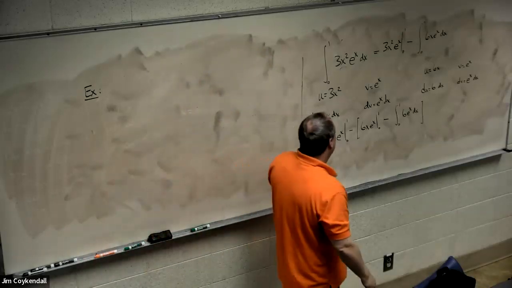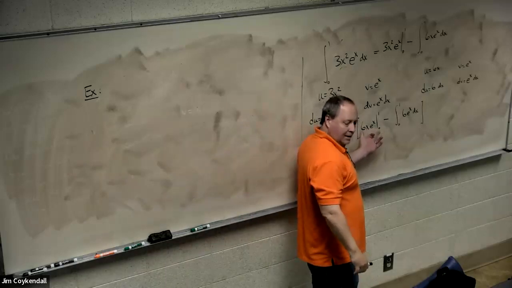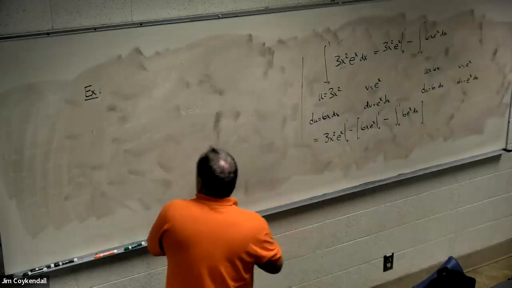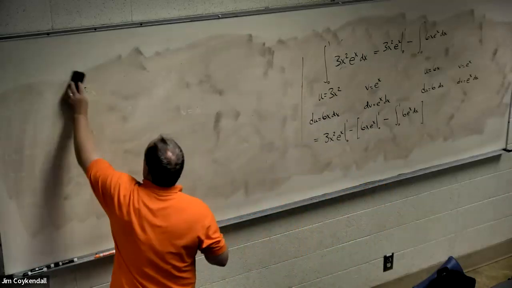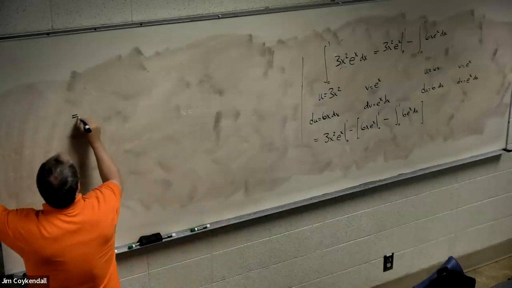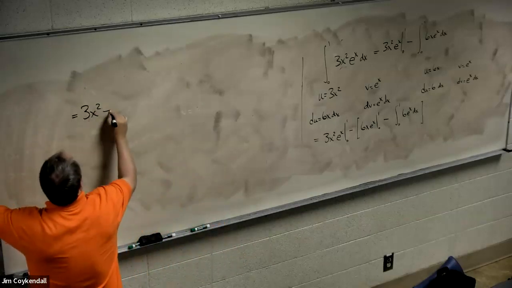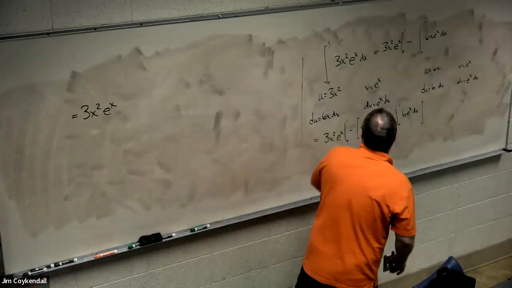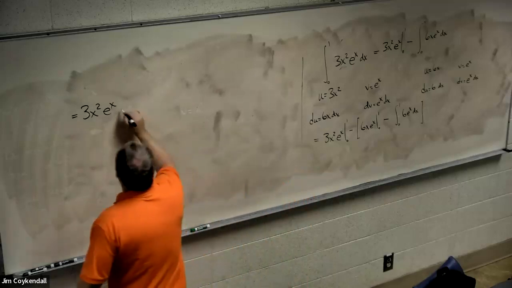So let me clean this up. Because of this minus sign, you can really easily mess up parts. Be sure that you track it. This is going to be 3x squared e^x minus 6x e^x.